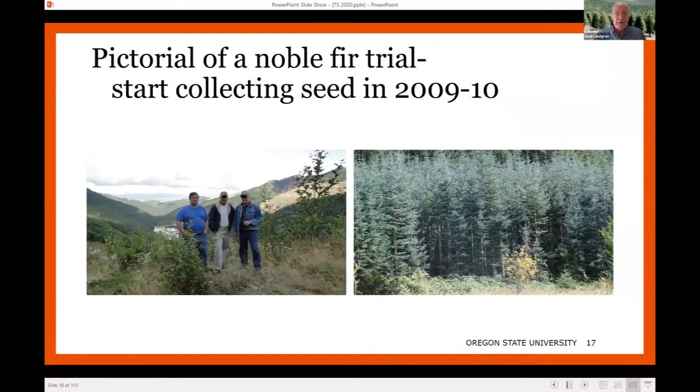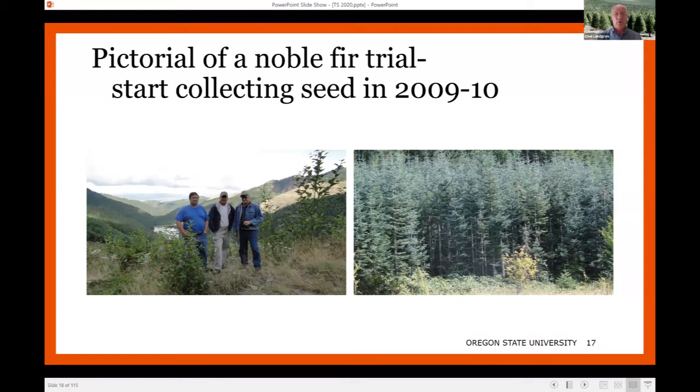Wanted to also talk about our noble fir trial and give you a sense of what goes into a noble fir progeny test, and I'm showing this because we finally evaluated our last plot from this trial last week. This was a noble fir trial that was planted in 2012, but like all of them, it started a number of years before the planting.